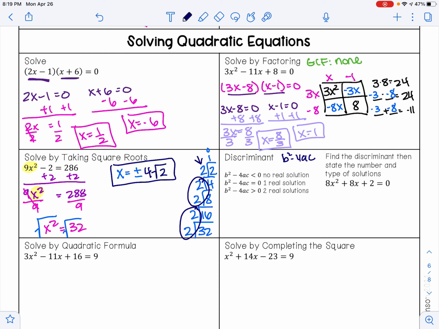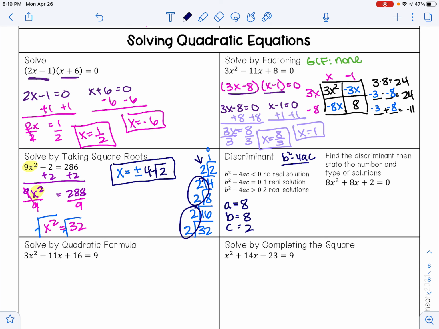So in our example here, A is 8, B is 8, and C is 2. So I'm going to plug into the discriminant. So I'm going to have 8 squared minus 4 times 8 times 2. So 8 squared is 64. And then negative 4 times 8 is negative 32.